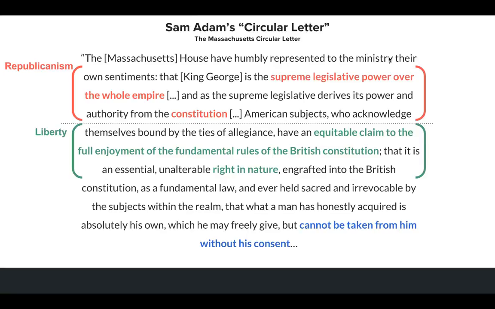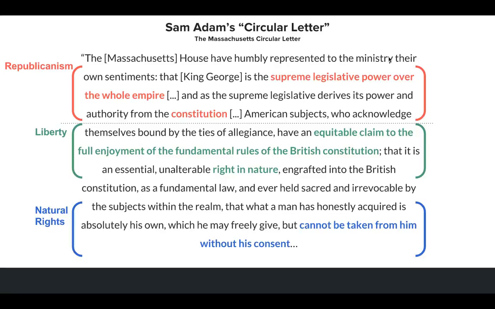And the Constitution says that any British subject is entitled to liberty. That's a right of nature. That's a natural right. And if that's a natural right for Britons who live in Britain, then it's also a natural right for all British subjects, including Americans. So that's where the theme of liberty comes up.